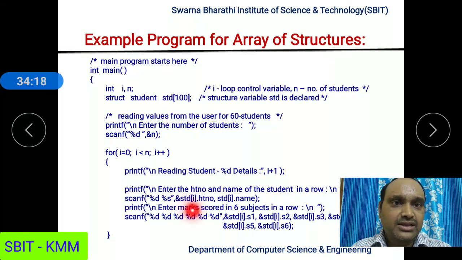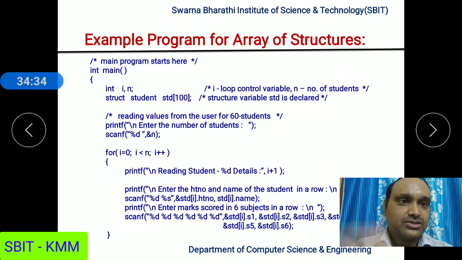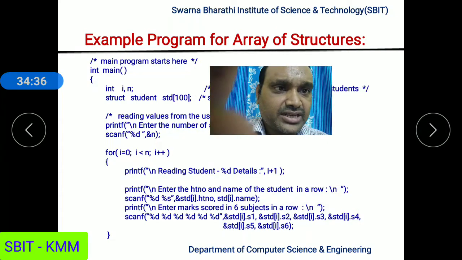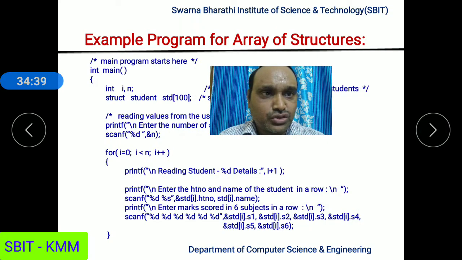Then you are asking the user to enter the scores in 6 subjects of the student. So we are using 6 %d, and they are stored in std[0].s1, std[0].s2, std[0].s3, std[0].s4, std[0].s5, std[0].s6, in all such variables. Once std[0] values are read, i is incremented by 1, i becomes 1, then the condition 1 is less than n is true.